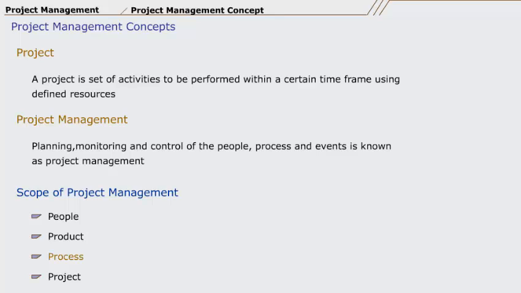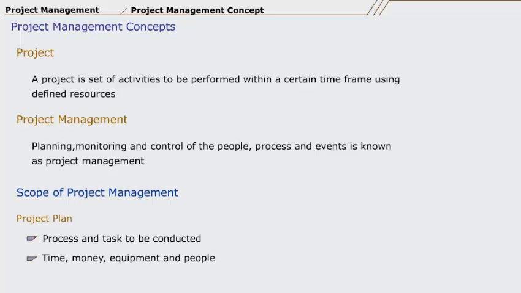Keeping in mind the complexity of work and the resources, the project must be planned in such a way that its completion may take place within the specified resources. These resources may be time, money, equipment, and people, etc.